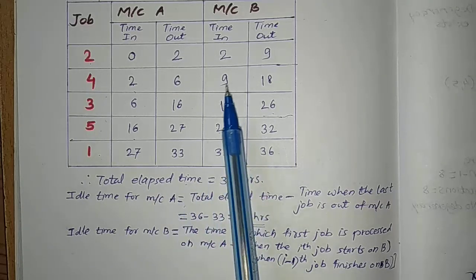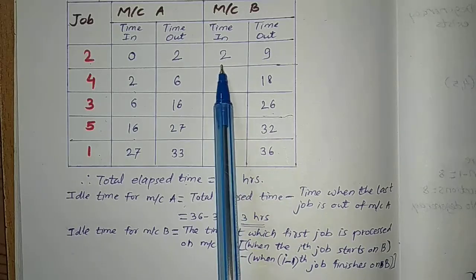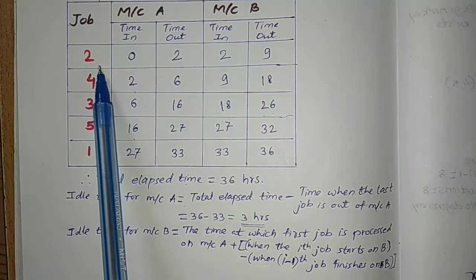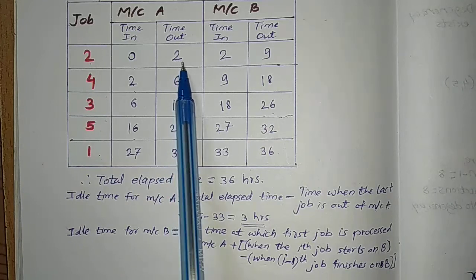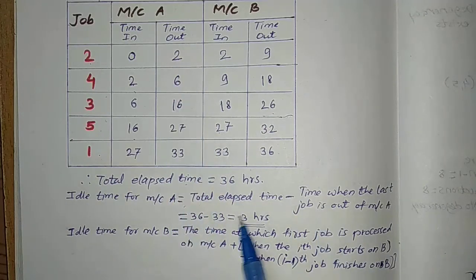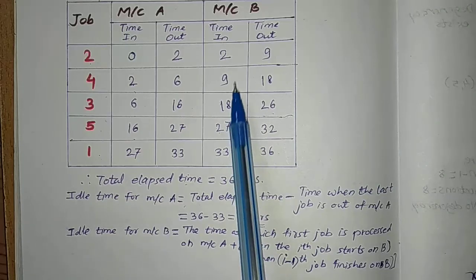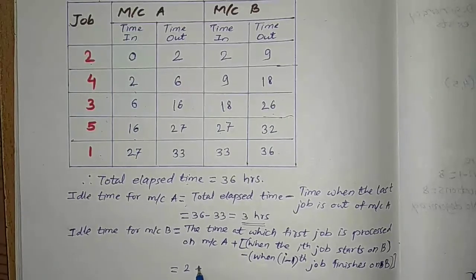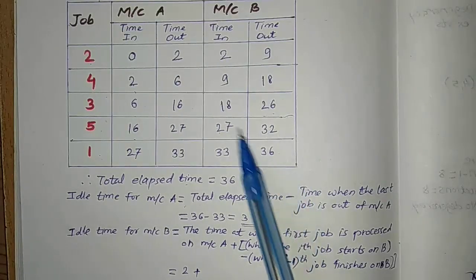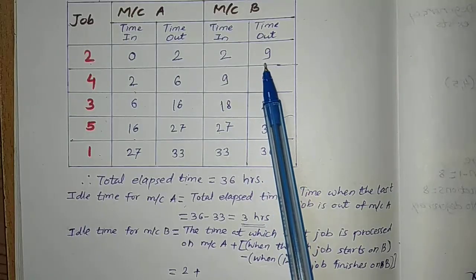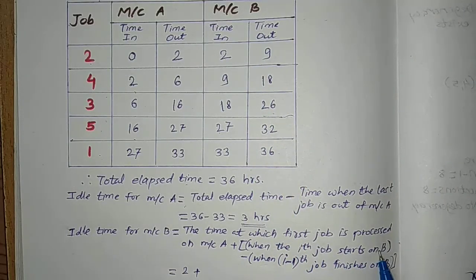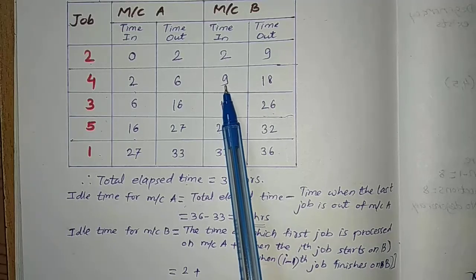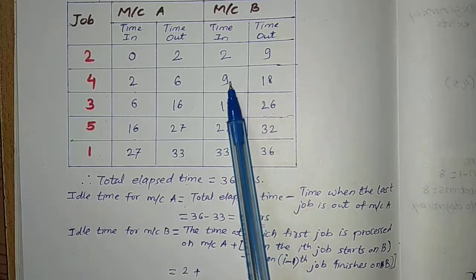Now if you look in the table here, machine B is idle for 2 hours because the first job on machine A comes out of it after 2 hours. So this will be the first job timing which requires its processing on machine A. Therefore let us first write 2 plus. Now for the remaining jobs, look here, when the ith job starts on machine B, that is this time, minus its previous time, so 9 minus 9.